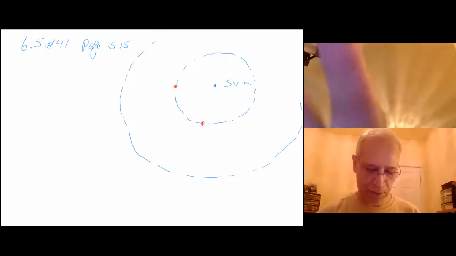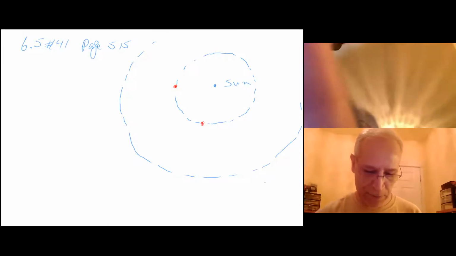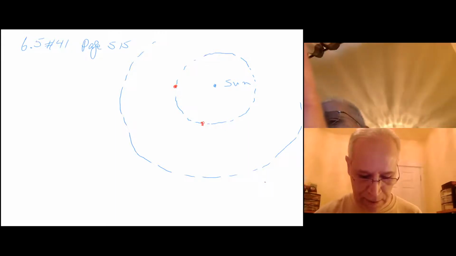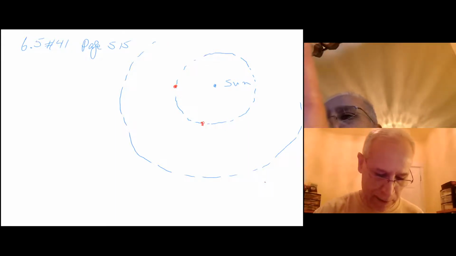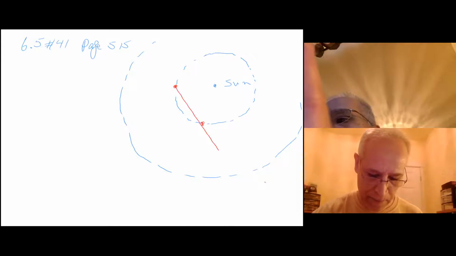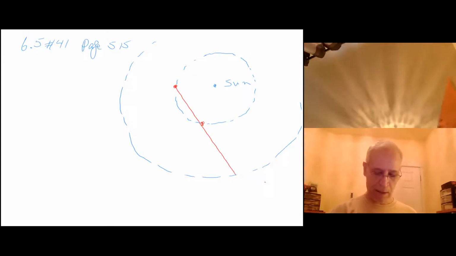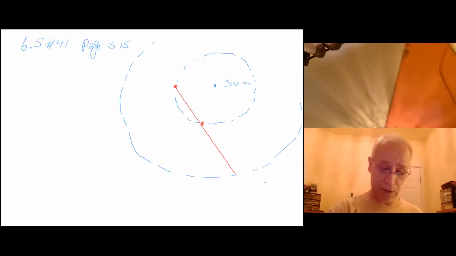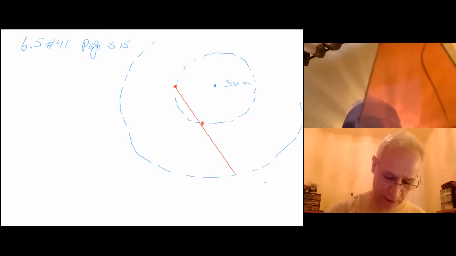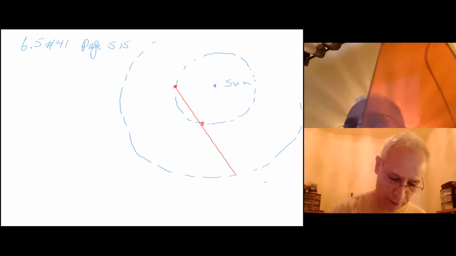And what is asked from us? It is asked from us to find this distance right here, once when it's a long, big distance, and the other time this shorter distance right here.